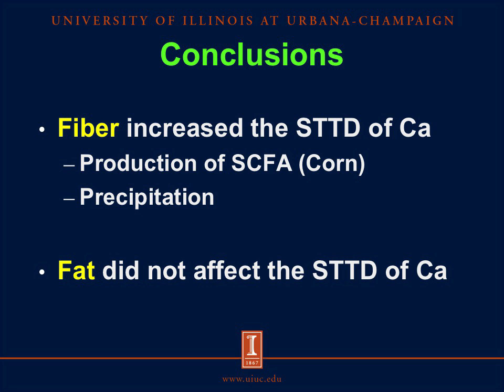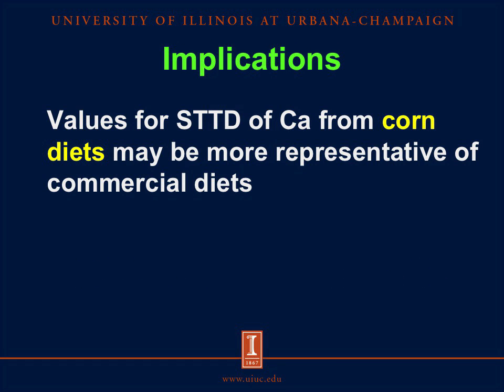This may be by production of short-chain fatty acids or avoiding precipitation of minerals. Fat did not affect the STTD of calcium. Results from these 2 experiments indicate that values for STTD of calcium from corn diets may be more representative of commercial diets.